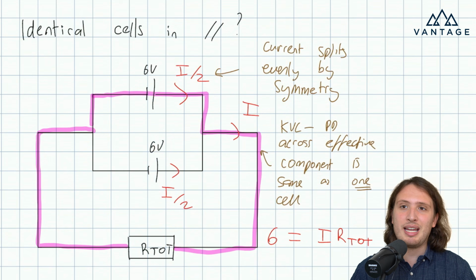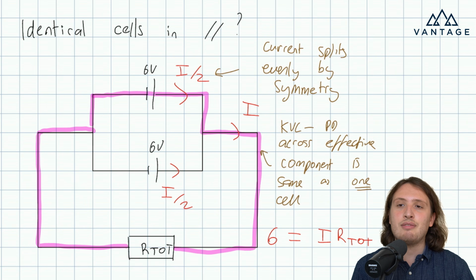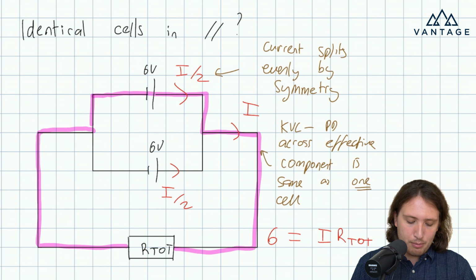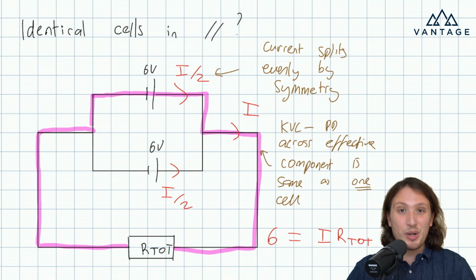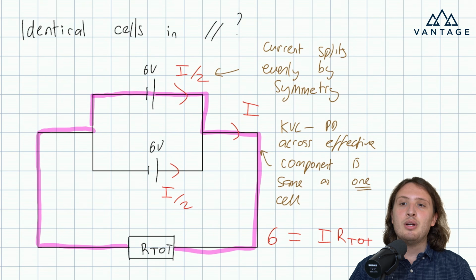Things are slightly more complicated if we have identical cells in parallel. So for ESAT and PAT, we'll only really be thinking about identical cells connected in this way, unless they're spread around a circuit in a more complicated way with components in between. We'll look at that actually later on in this video. But consider we have identical cells connected in parallel. So we've got two 6-volt cells, and then again, for all the components, we've identified the effective imaginary resistor, which has the same effect. So there's now more subtlety, for example, with current.